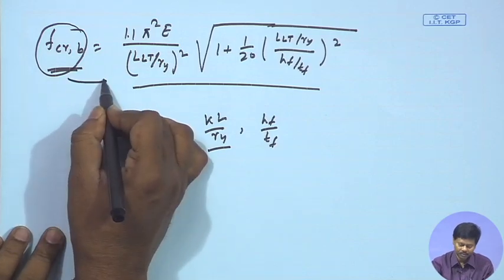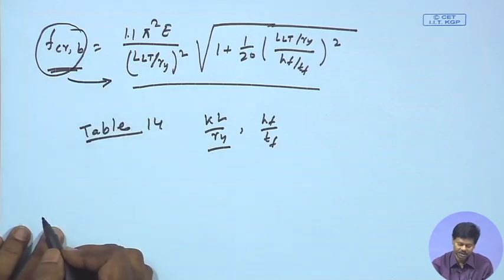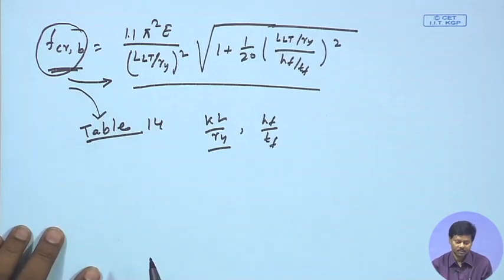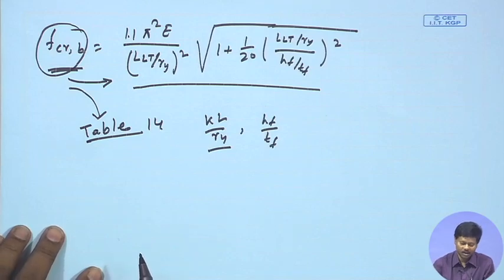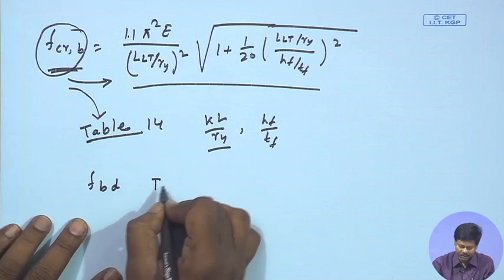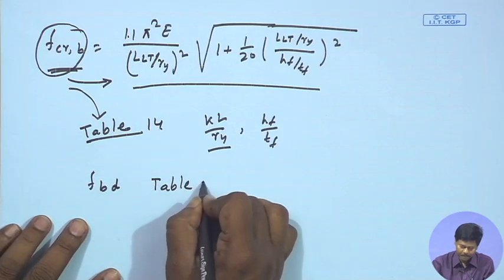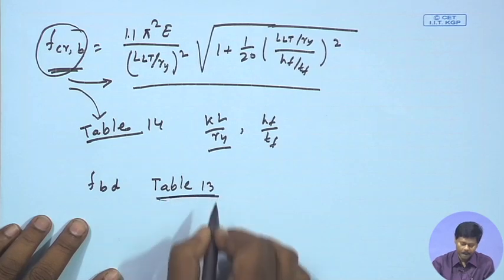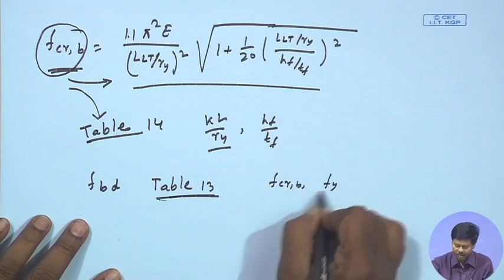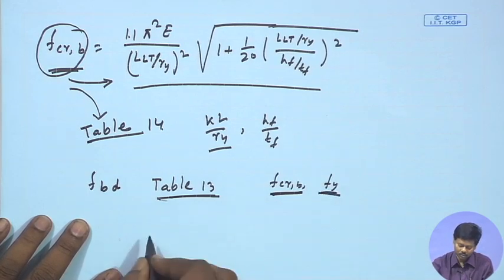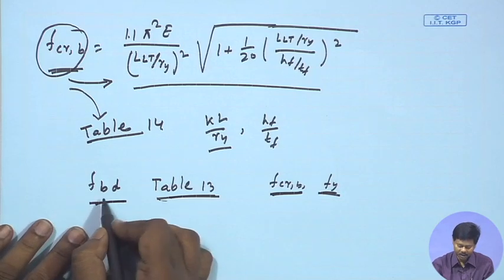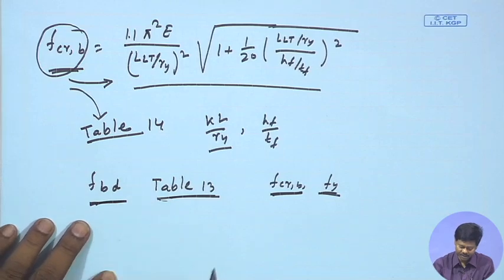That means, in place of calculating through this expression, directly we can find out the value of FCRB from table 14, and the FBD value can also be found directly from table 13, corresponding to different FCRB value and FY value. For different FCRB and FY value, we can find out the value of FBD, the design compressive bending stress, right.